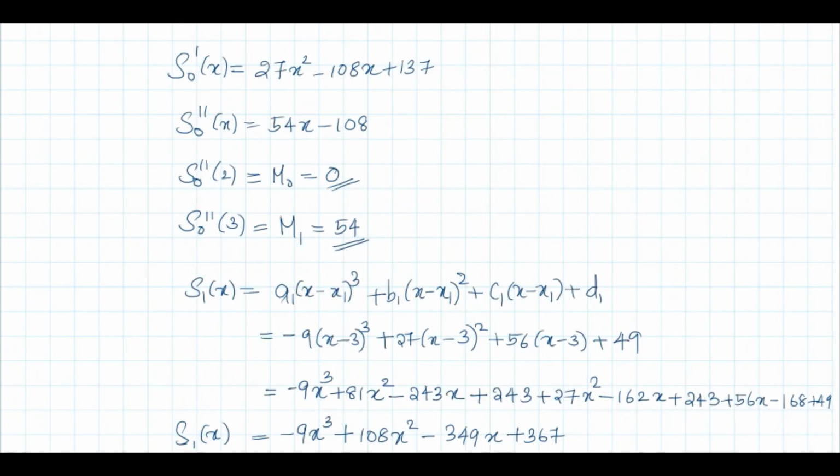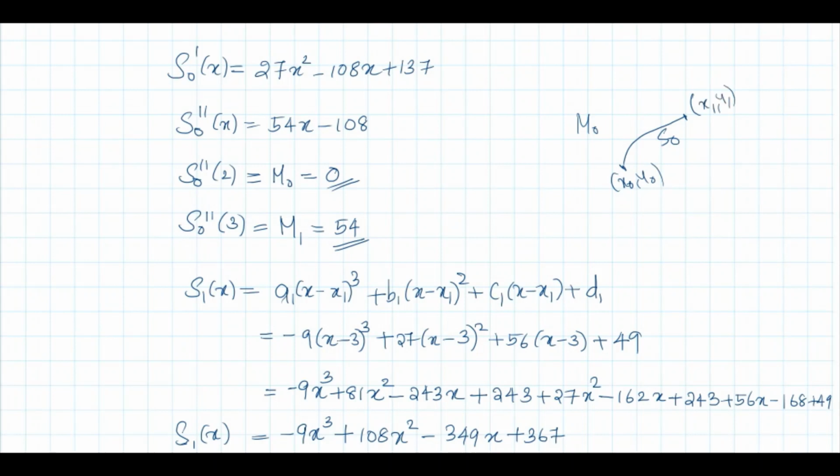Now you can calculate the derivative S0 prime x. It is 27x square minus 108x plus 137. S0 double prime x is 54x minus 108. I already mentioned that m0 is the second derivative of S0 evaluated at x0, and m1 is the second derivative of S0 evaluated at x1.